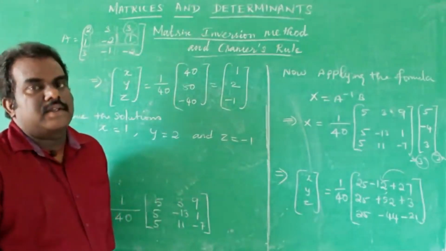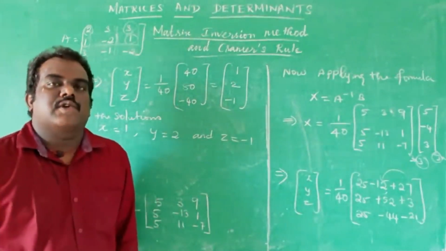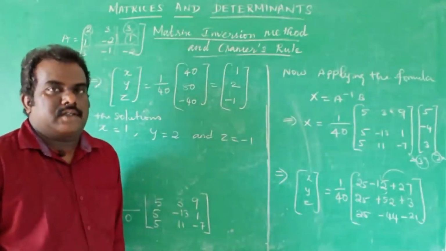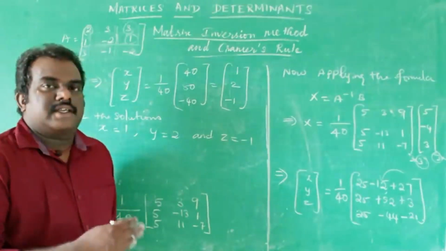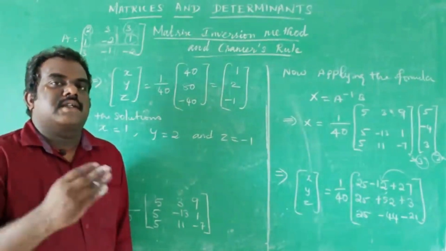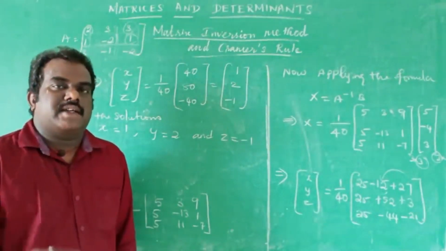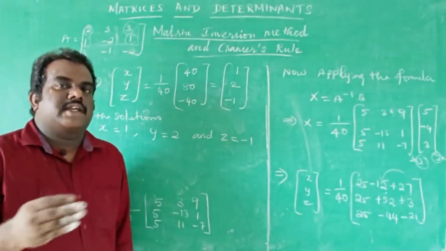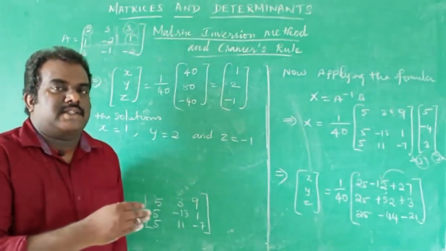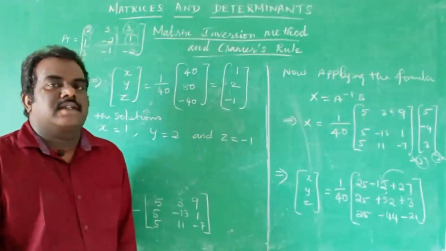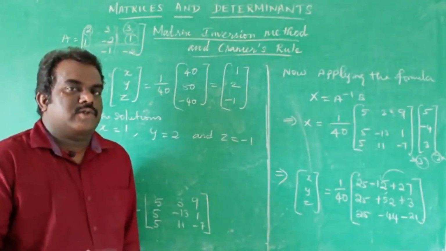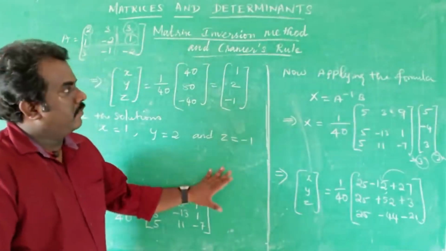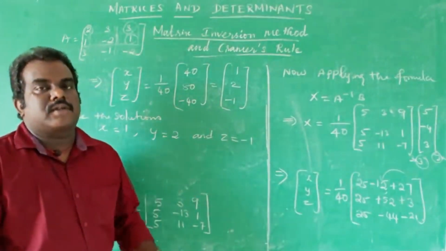Then find A inverse, which is equal to 1 by determinant A into adjoint A. Then applying the formula in the matrix inversion method, X is equal to A inverse into B, where A inverse is multiplied with the given matrix B. We get the solution matrix capital X, which alone contains the unknowns. Then we can find the solution of the unknowns. This is the matrix inversion method.